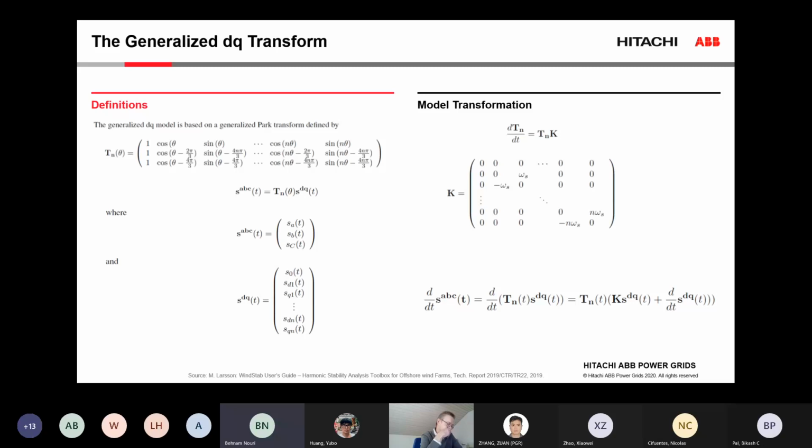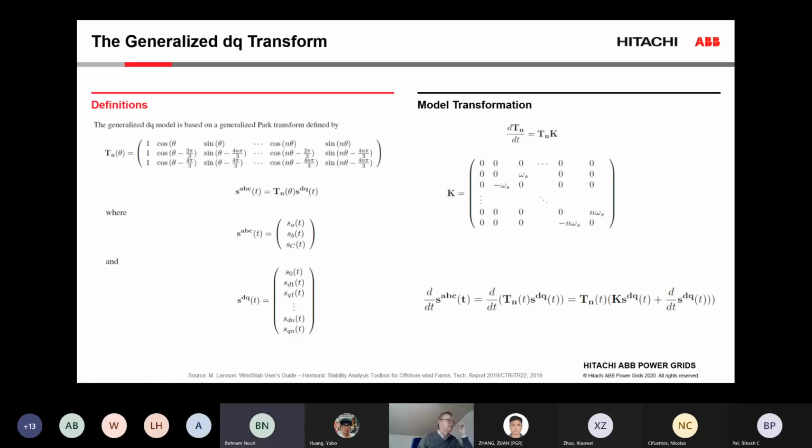So you also need to eliminate these oscillating values for each transformation. Yeah, when you use this transform, you get something that agrees perfectly with your ABC model. You will see the effect of that in your ABC quantities, and you will see the effect of those also in how the DQ components vary.